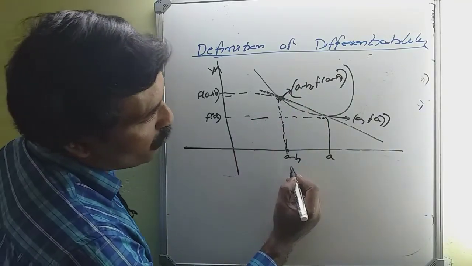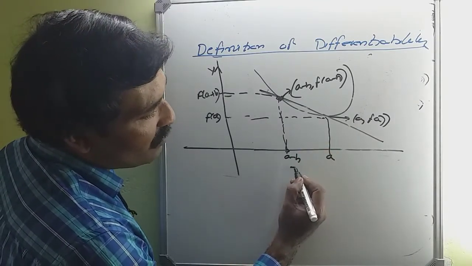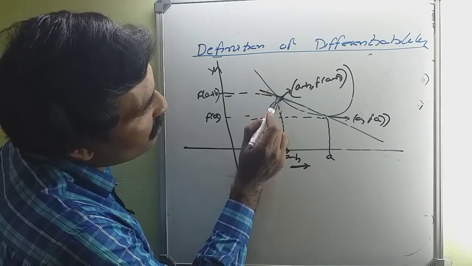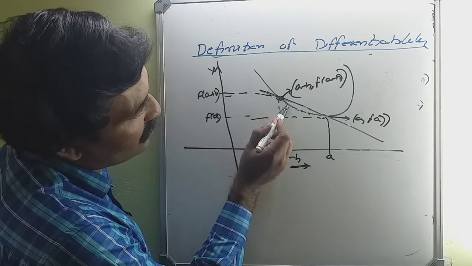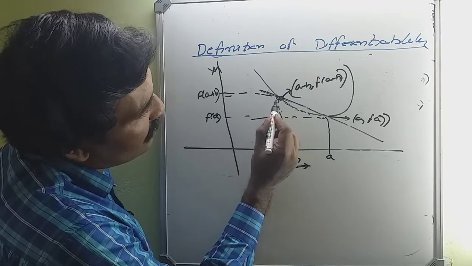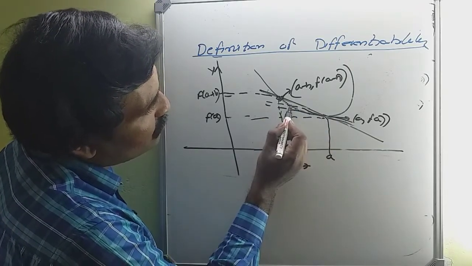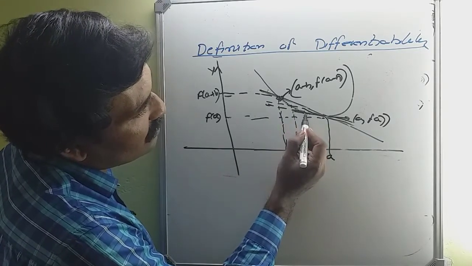Now h is approaching a from the left hand side. This point is moving towards a along the curve, and the secant keeps moving like this.